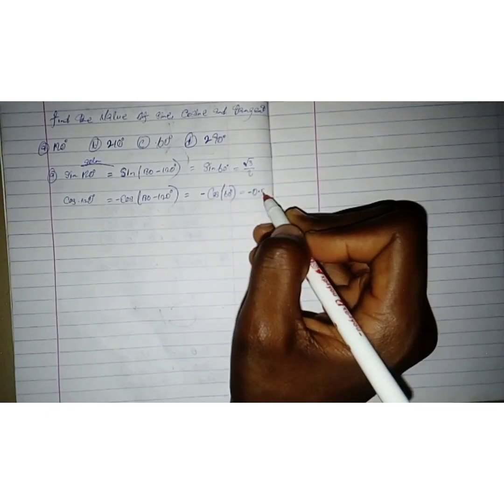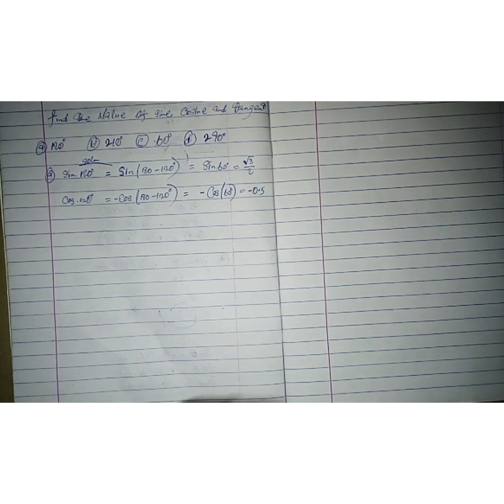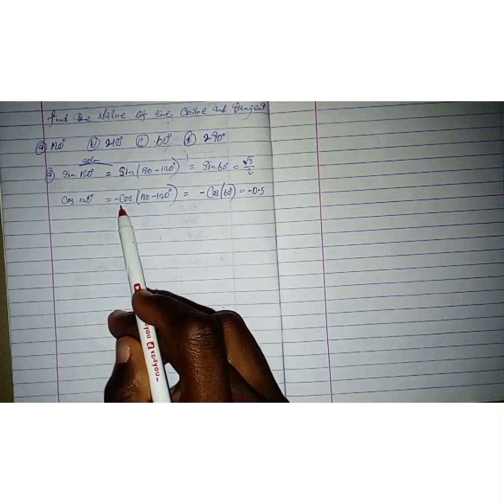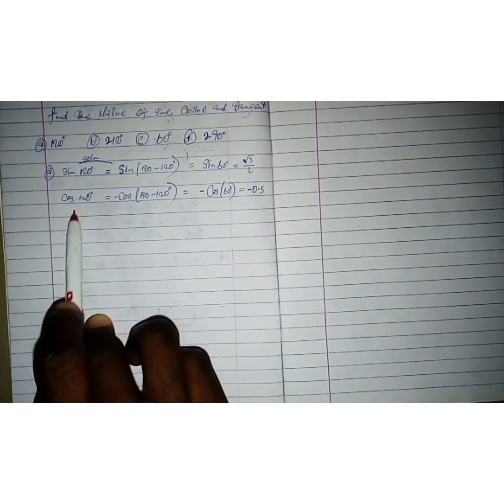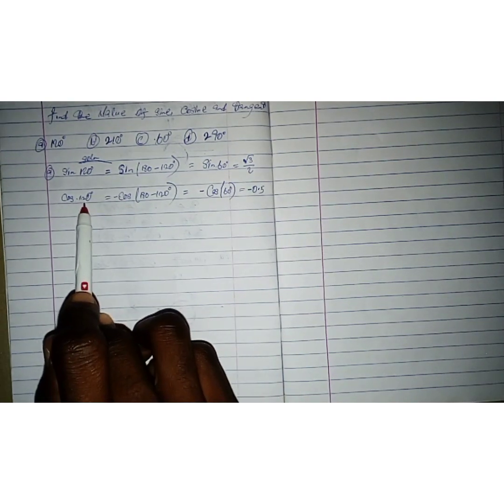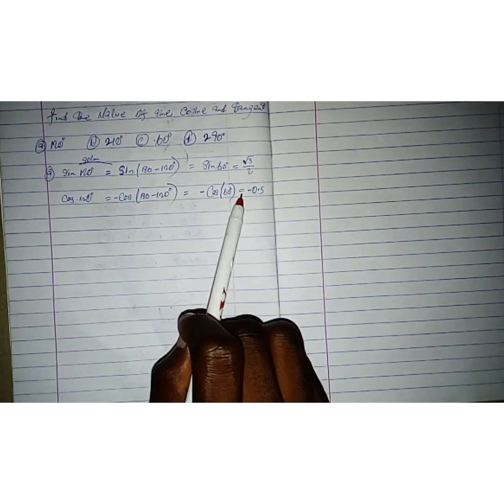I could have written 1 over 2, same thing. Negative 0.5. This is to prove that at the second quadrant, cos theta, which is now 120 in this calculation, is negative.